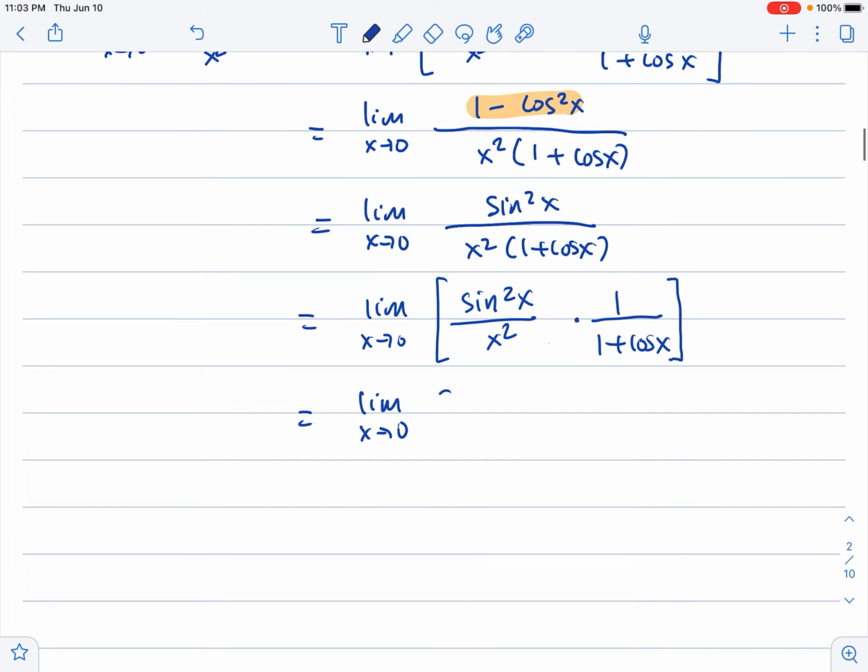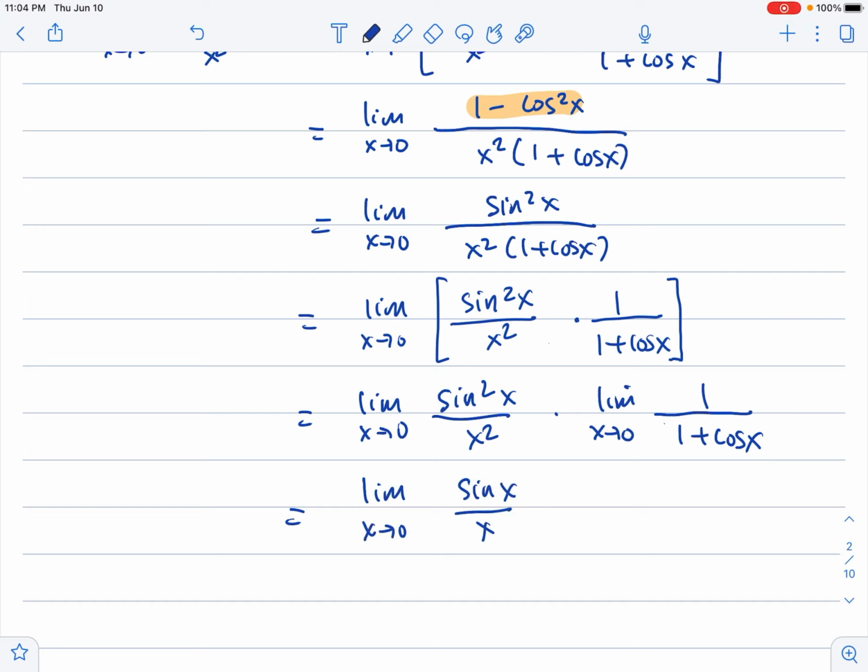So pwedeng sine squared x divided by x squared times the limit as x approaches 0 of 1 divided by 1 plus cosine x. And yung sine squared x over x squared, that's equal to sine x over x quantity squared, which means that this is the limit as x approaches 0 of sine x divided by x quantity squared times the limit as x approaches 0 of 1 divided by 1 plus cosine x.